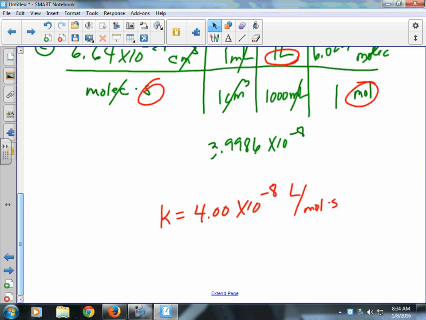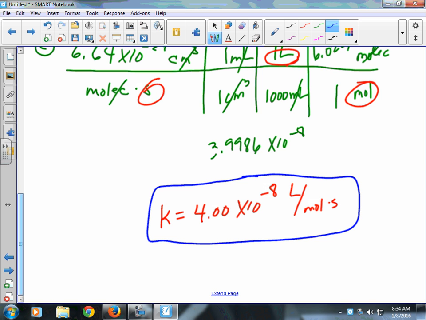Neato. But it says moles per liter though. Look at the whole sentence again. Calculate the rate constant for the concentrations given in moles per liter.